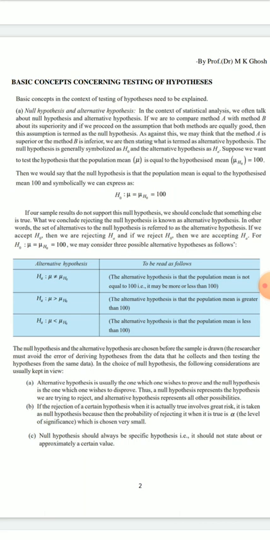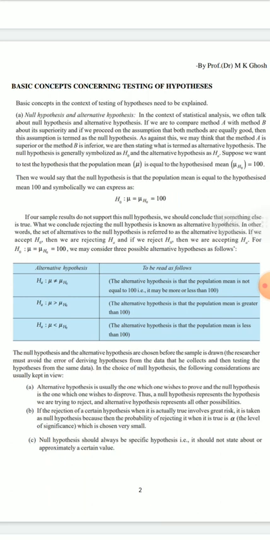The third condition is HA: mu is less than mu H0, then the alternative hypothesis is that the population mean is less than 100. So this is the third criterion.